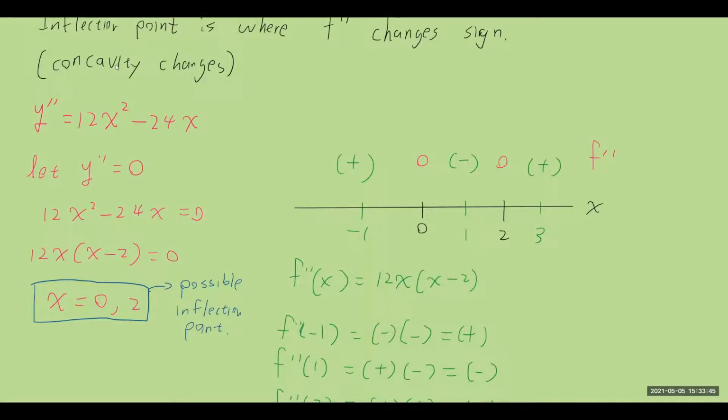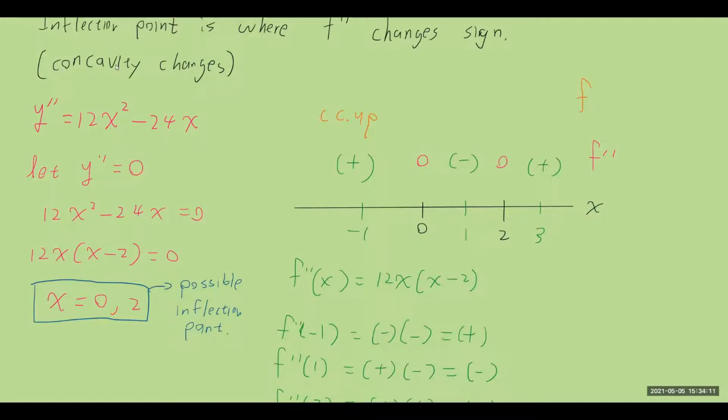Now, unlike the first derivative test, we don't need to worry about whether it changed from positive to negative or negative to positive. As long as the sign changes, we can say that they are inflection points. Right? So let's also identify what the behavior here is at f. So to the left of 0, that's concave up because the second derivative is positive.